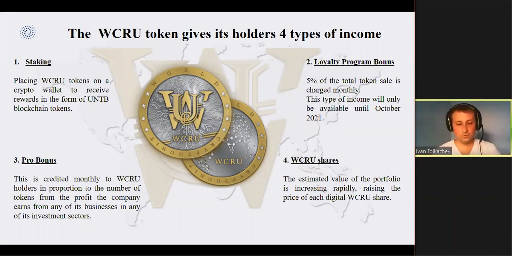And WCRUs are shares, and therefore the main type of income may be generated based on the increase in the price of WCRU, profit income. I remember it from the first session when Ivan presented the strategies of income.